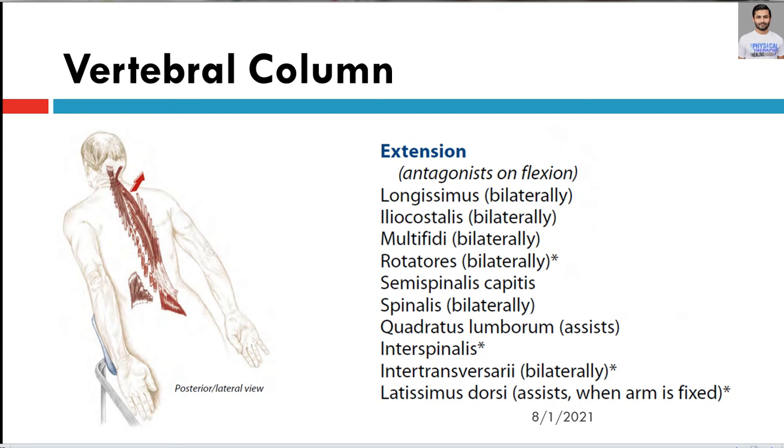There are two classifications of the muscles that you can find in a lot of books, called the global muscles and the local muscles. The local muscles are the small muscles, and they provide stability to the spine, like the spinalis, the semispinalis, the multifidus, the rotators.